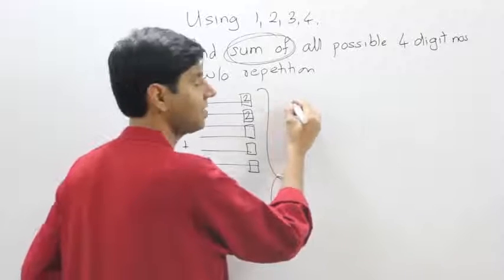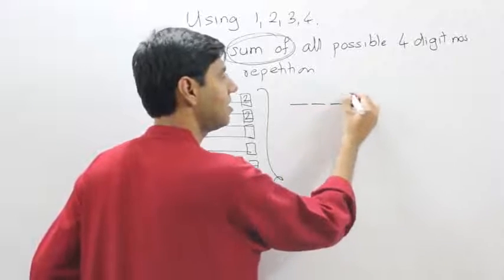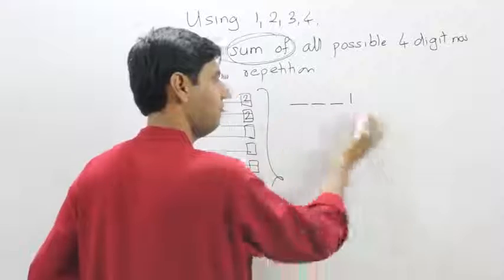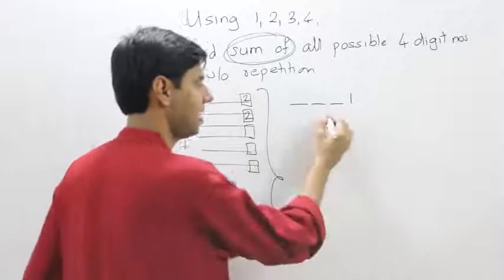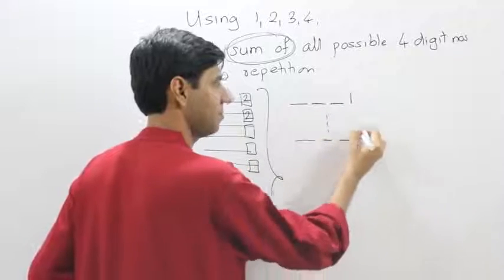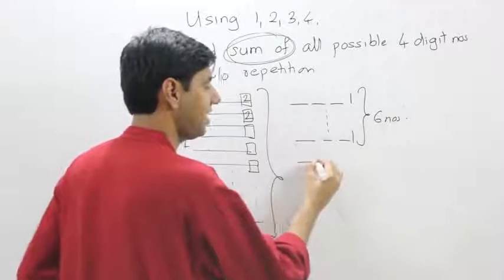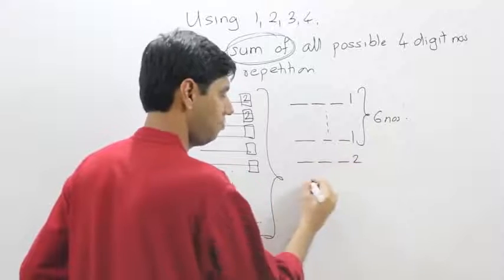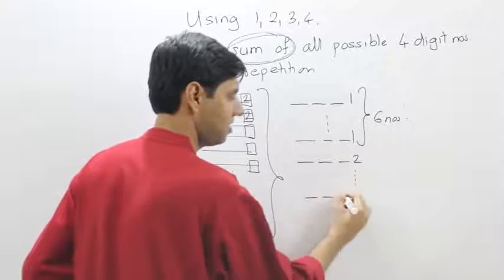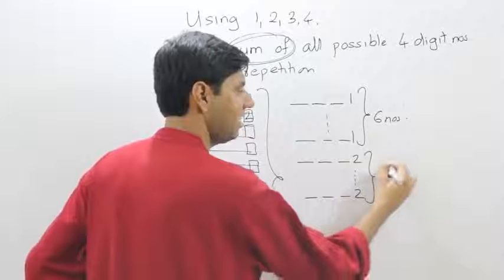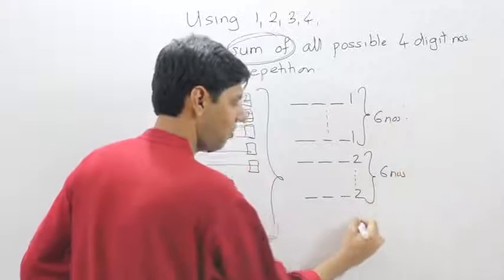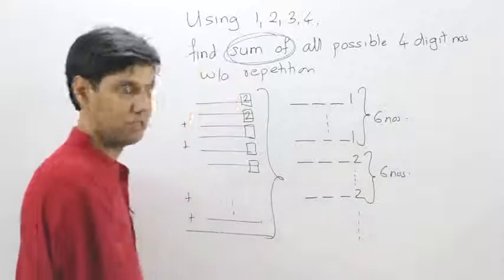These 24 numbers can be separated out into 6 numbers of the type 1. So there are 6 such numbers. There are going to be 6 numbers which have the digit 2 in the units position. And similarly, it would continue, and that accounts for all the 24 possible numbers.